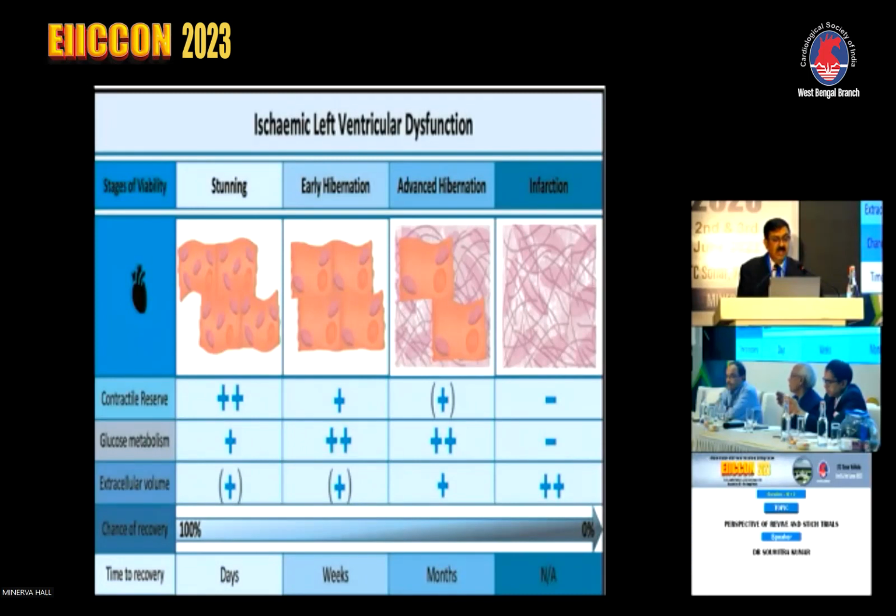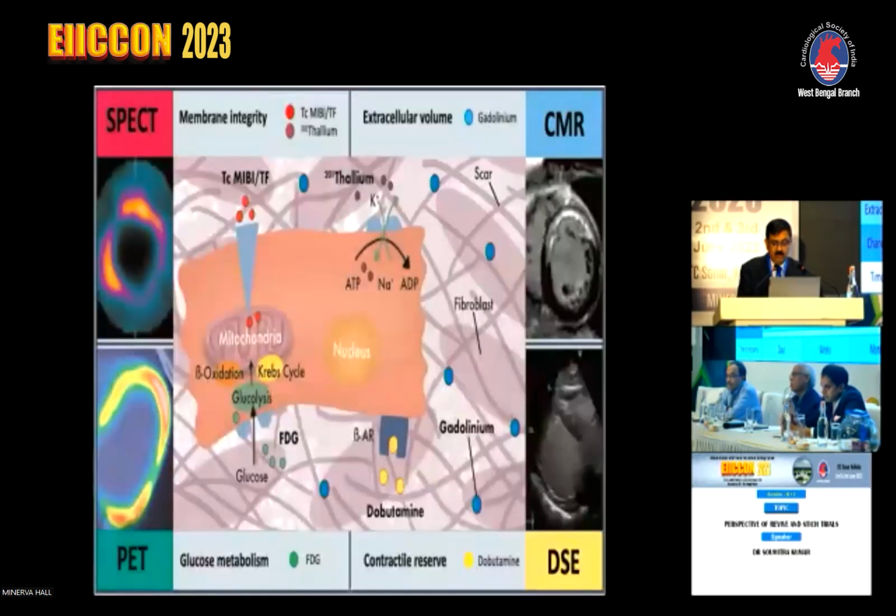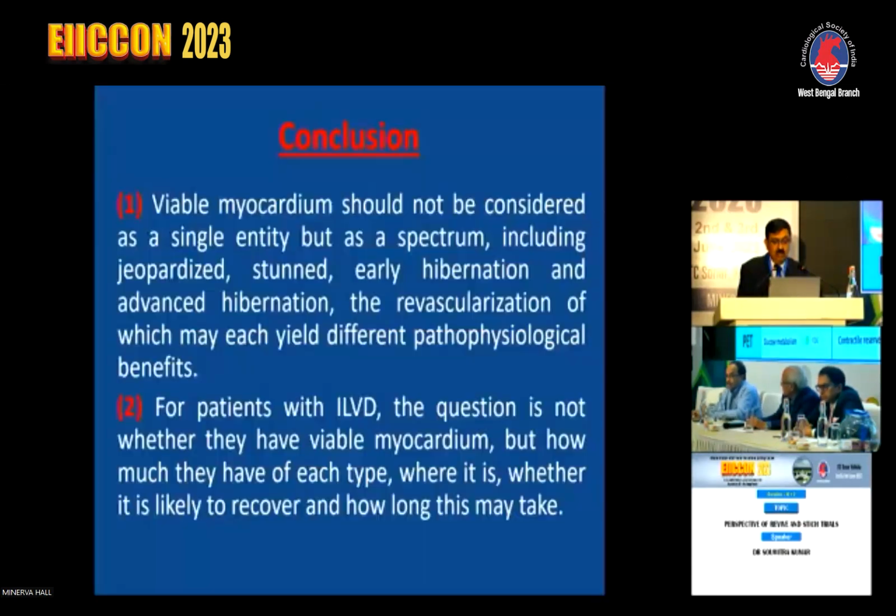And you know how it matters in terms of contractile reserve, glucose metabolism, extracellular volume, and so on. And these are the various methods, again highlighted by Dr. Bansal: SPECT, targeting membrane integrity; CMR, extracellular volume; DAC on contractile reserve; and PET on glucose metabolism.